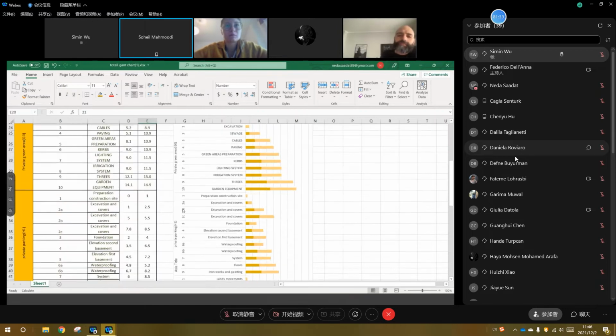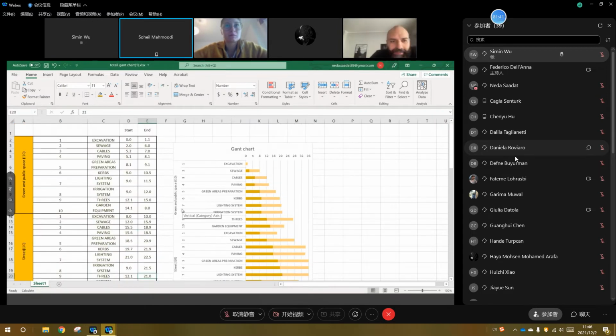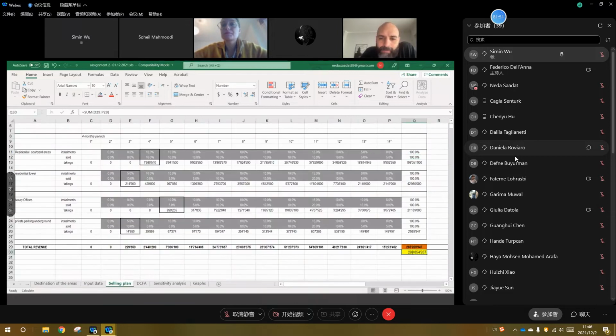This is our Gantt chart. Sorry, can you go back again to the selling plan, please? Okay, this is the sum. It should be coherent with the total revenue that you have calculated in the input data spreadsheet.